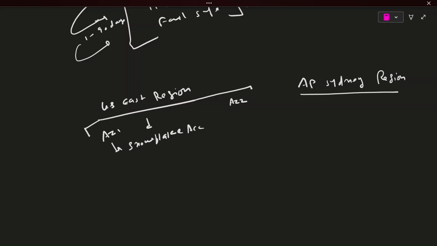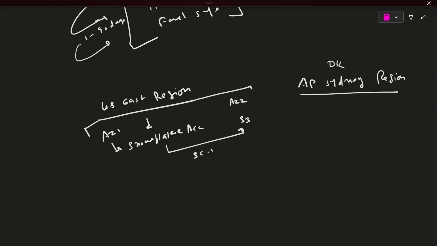Now let's say in AZ2 I have some other workload and I have an S3 bucket. Through some mechanism I am transferring data from here to here. One scenario. Now in AP Sydney region, this is my DR site.